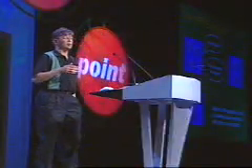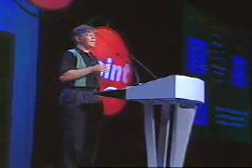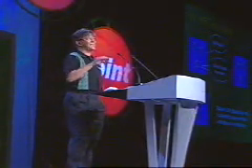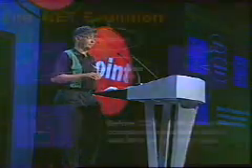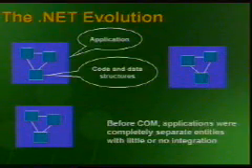Before I go into the technical details of the runtime, let me try and give you an idea of the evolution that has led us to this solution. What you see here on the slide, you can think of as representing one machine or one tier in a .NET application. And basically what each box represents here is an application, and within the application you have code and data structures.